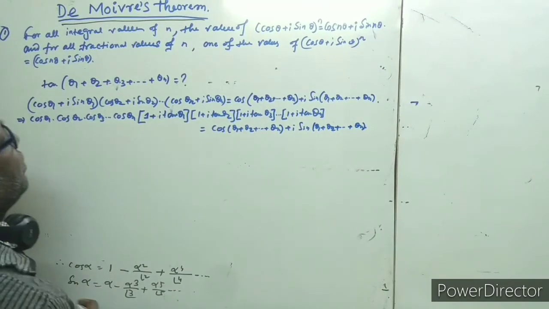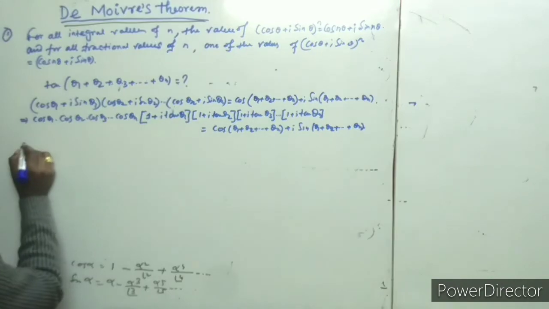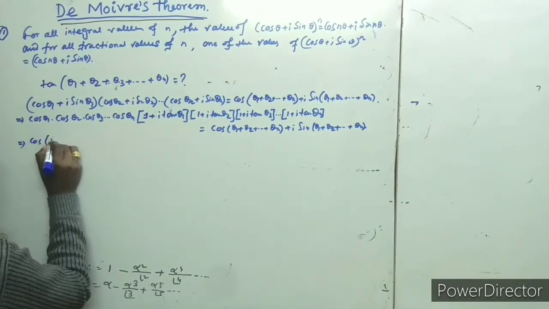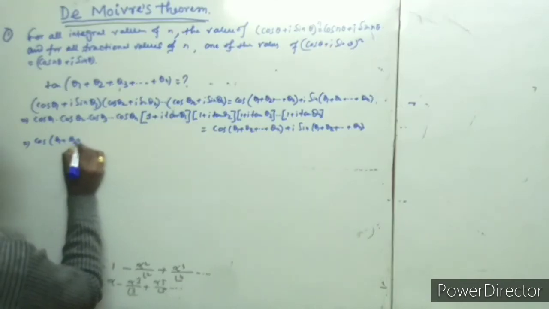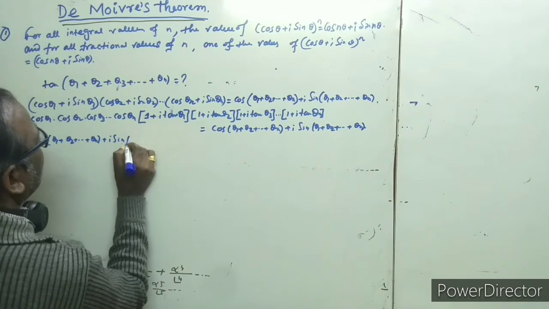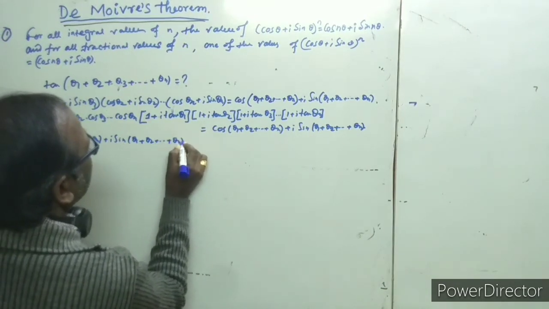On the left hand side, if we multiply here, the right hand side becomes cos of theta 1, theta 2, dot dot theta n plus i into sine of theta 1, theta 2, dot dot theta n.